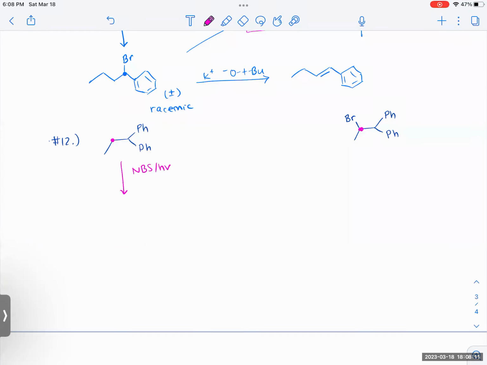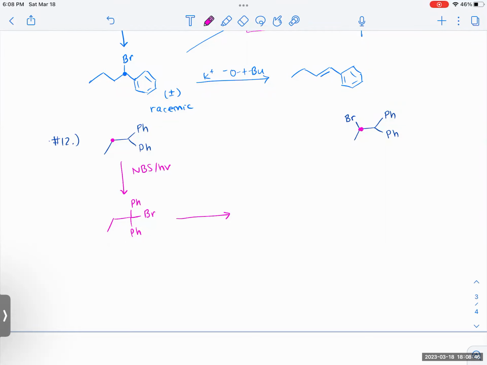And that does add a bromine on a more substituted carbon, right? Actually, I'm going to redraw this. So now we have something that looks like this, and that's not where we want the bromine at all. So let's get rid of it. What's the best way to get rid of a bromine? It depends on if it's 3° or 2°, and whether you use a bulky base or not.